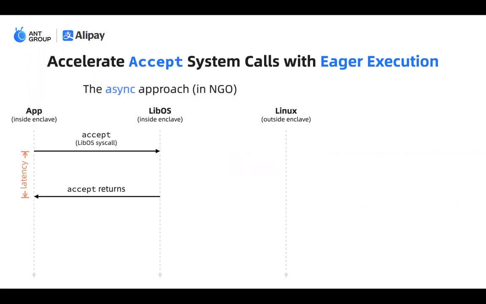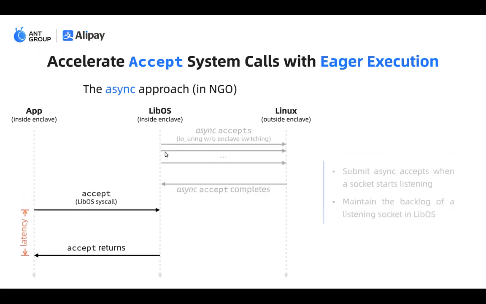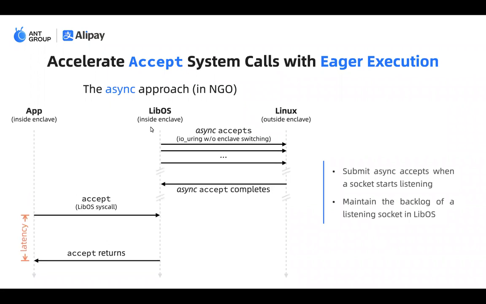With our async approach, we can greatly reduce latency. In most cases we don't even need to wait for Linux to complete the accept syscall. The trick is that as long as we have a listening socket, we'll send several async accept requests to Linux in the background, and this is all async ring requests.